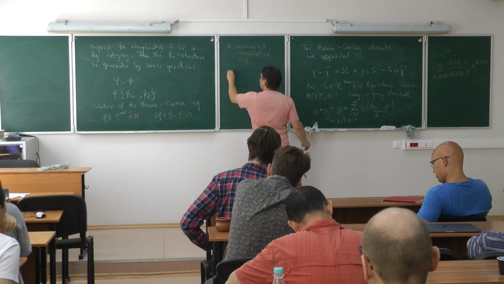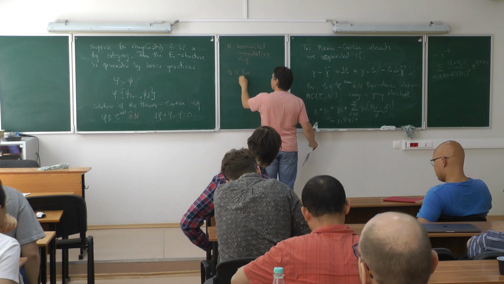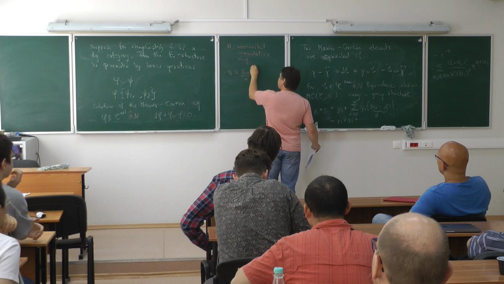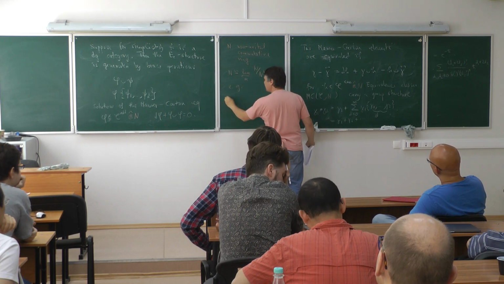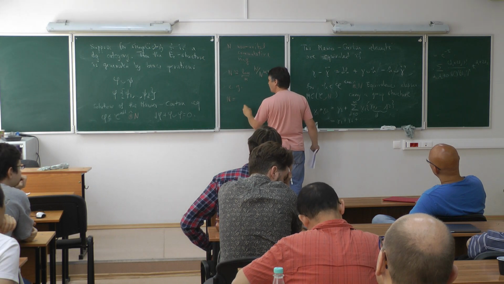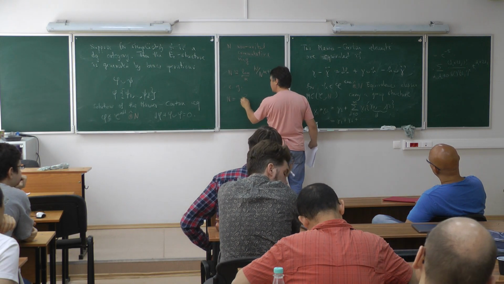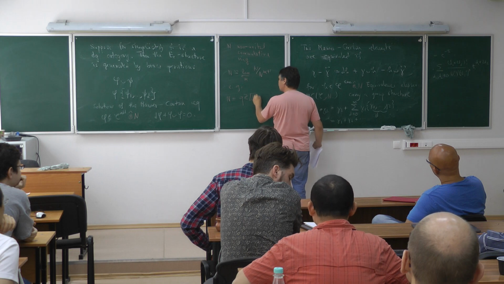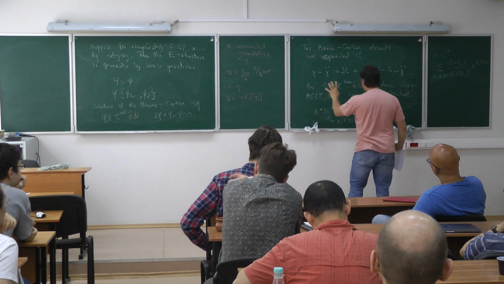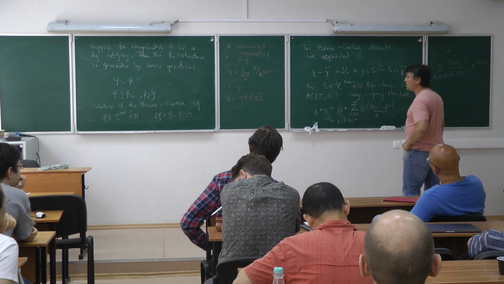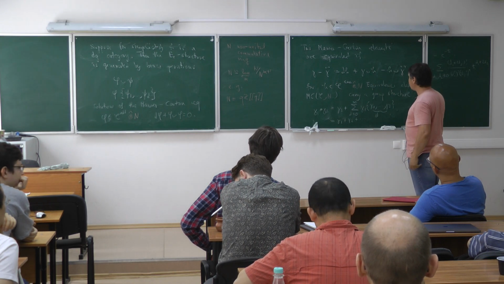So, e.g., n is q Z double bracket q, so formal power series with vanishing constant term. And now everything that I wrote down makes sense.